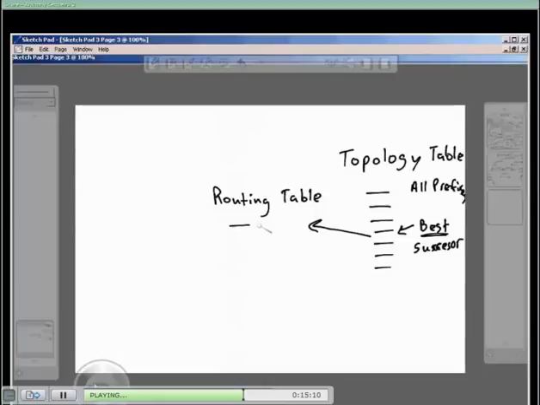So what's the big deal about this diffusing update algorithm? Well, EIGRP does something really cool. It goes in and it identifies second best routes. These are called feasible successors. Or maybe there's just one. It's called a feasible successor.